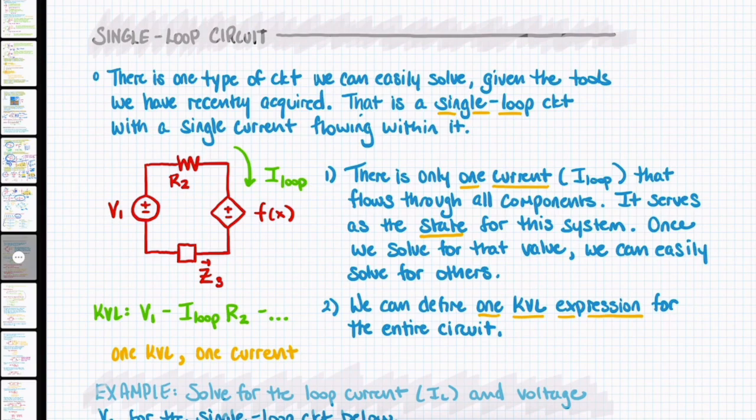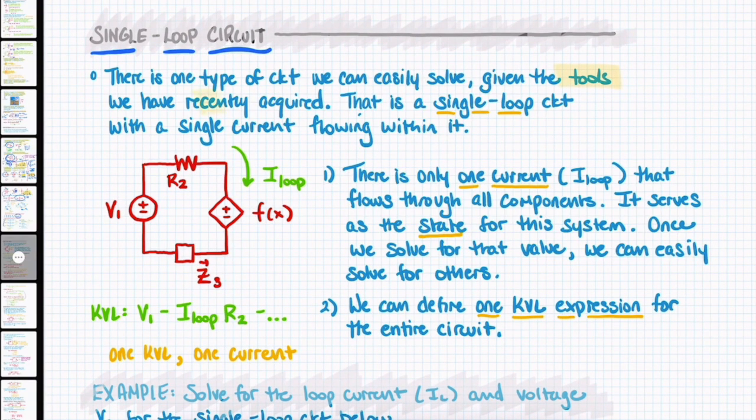Now we're going to start that with a look at the single loop circuit, because the way that this course introduces topics is we'll look at the simplest examples and then we'll slowly build up to more complex ones. So a single loop circuit is one that is relatively easy to solve, okay, given the tools that we have recently acquired.